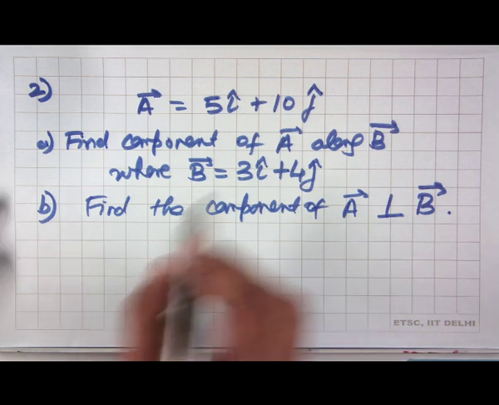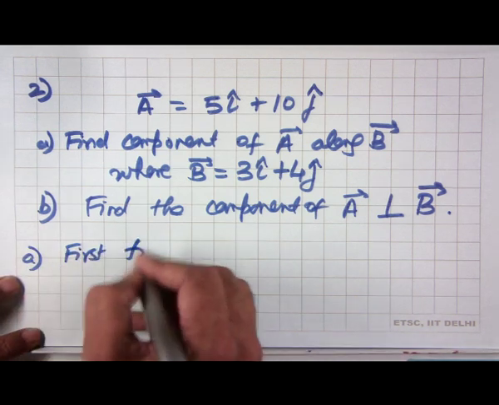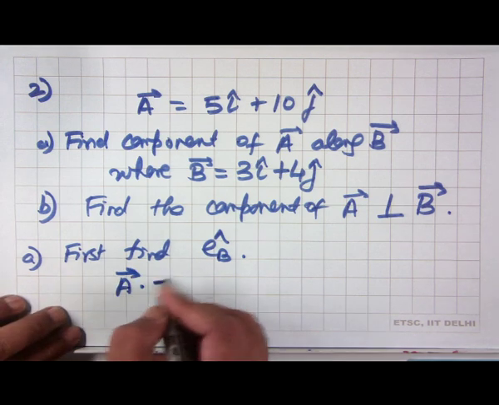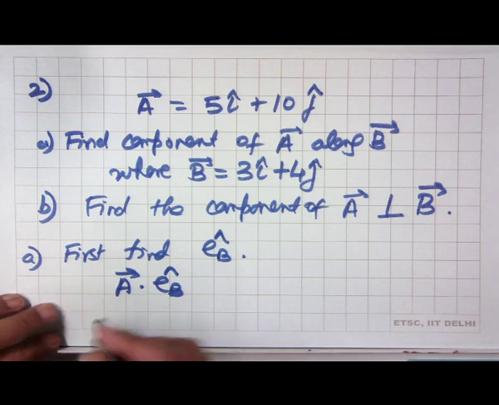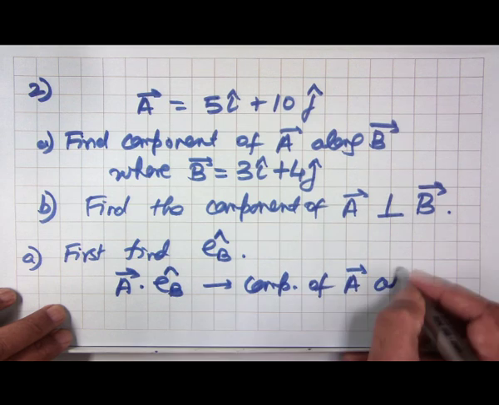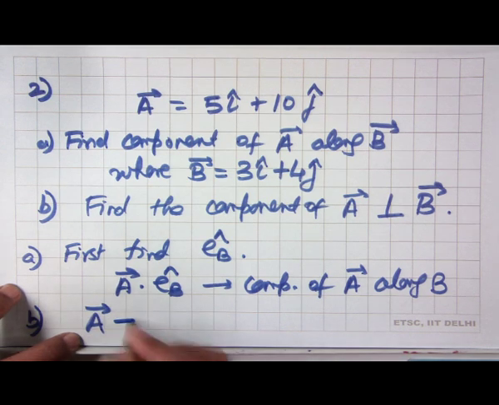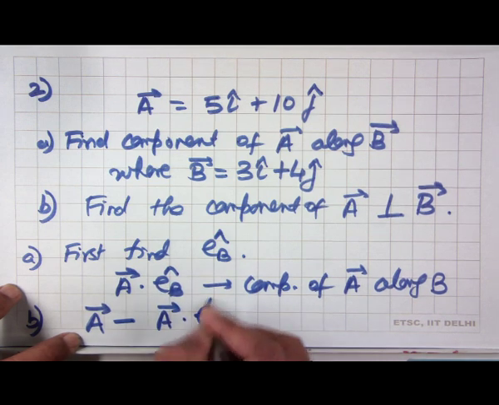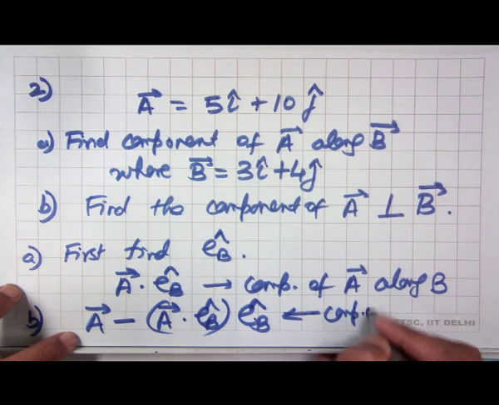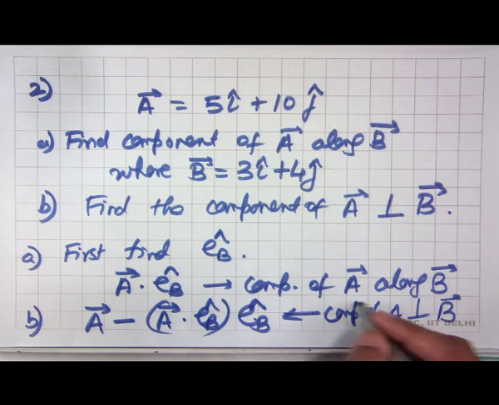Since we have to find the component of A along B, for part A, first find the unit vector EB, and then we take vector A dotted with EB, and as we have explained earlier, this will be the component of A along B. To find the second part, we will take vector A minus A dotted with EB along with the unit vector B, and this will be the component of A perpendicular to B. This is how one can work it out.